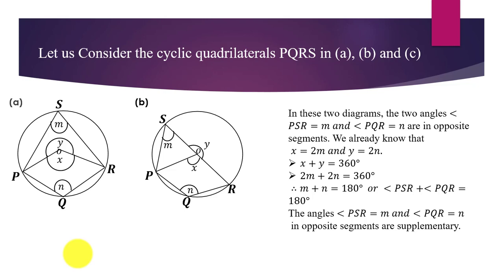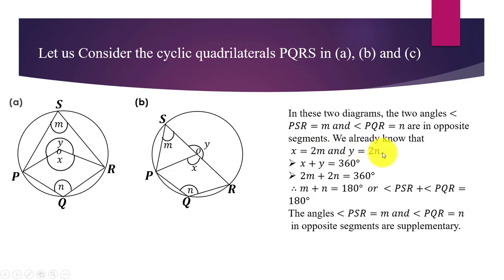We already know that X is equal to 2M and Y is equal to 2N. We had this from the second theorem that we discussed.